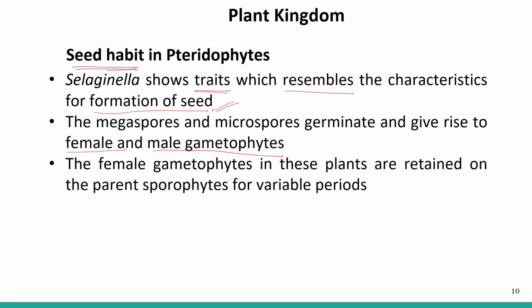Two different types of spores are there. The female gametophyte is retained on the parent sporophyte, while the sperms from the microspores are released from the parent body. The female gametophyte remains attached to the parent sporophyte for variable periods, showing a seed habit.